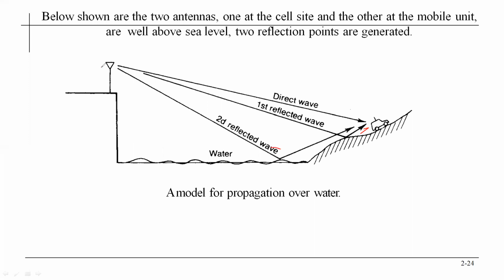That means here there are two antennas, one is this and one is at the mobile unit. Both are above the sea level. Here the water level is here. That means both the antennas are above the water level. For this, two reflected waves are generated. This one is the first wave, this one is the second wave. The first reflected wave is nearer to the mobile unit.